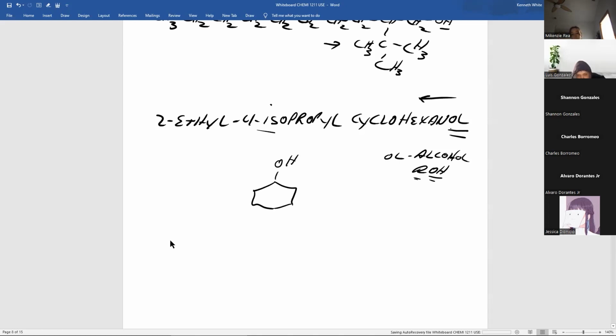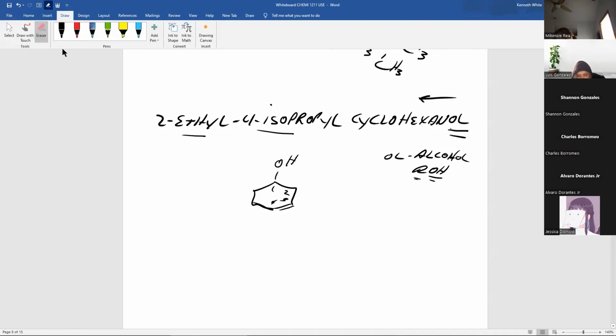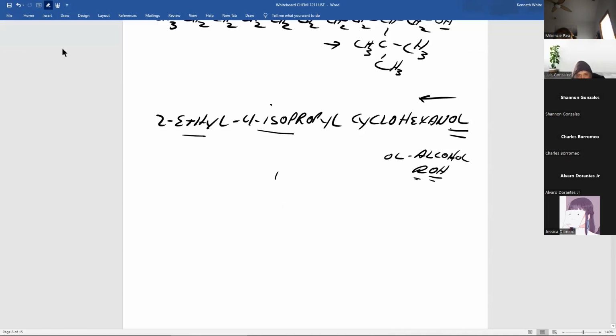On carbon 4 is an isopropyl, carbon 2 is an ethyl. The hydroxyl group is 1, always in a ring, with no other functional groups. 2, 3, 4. You know something? That's better.